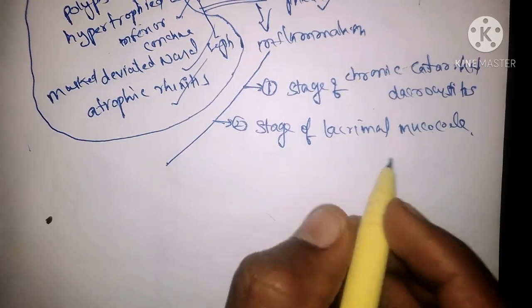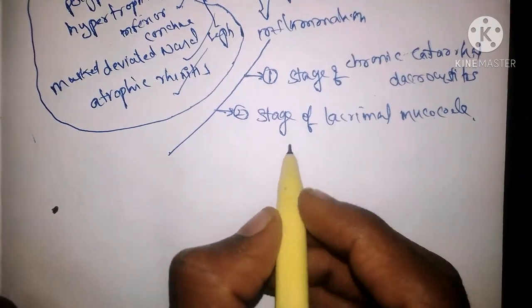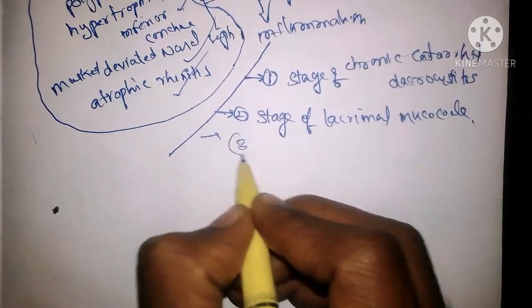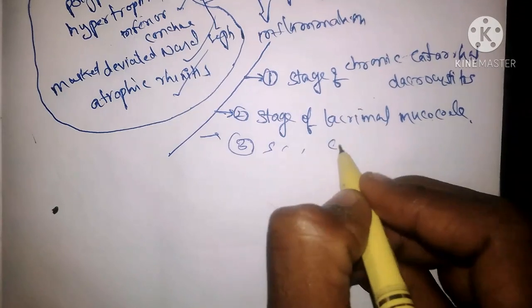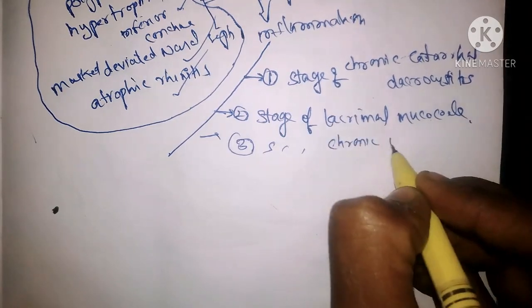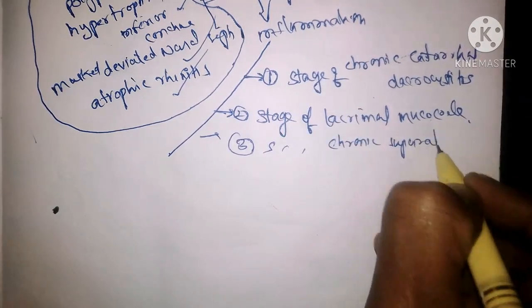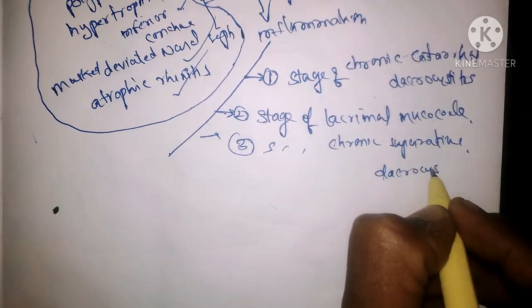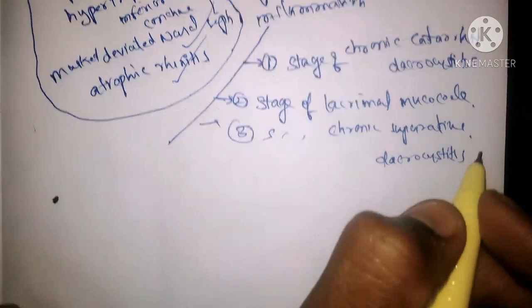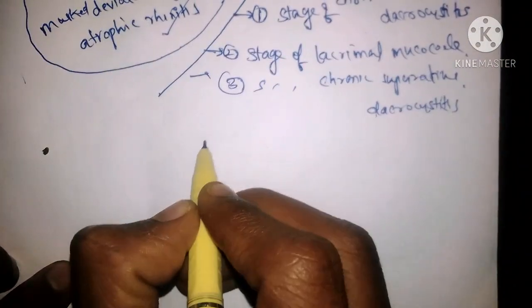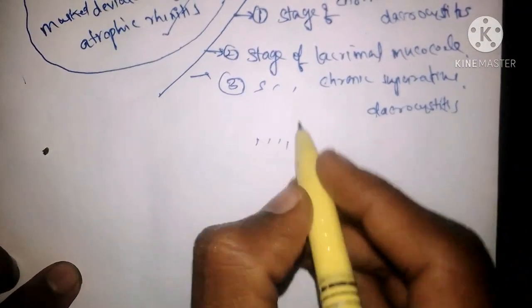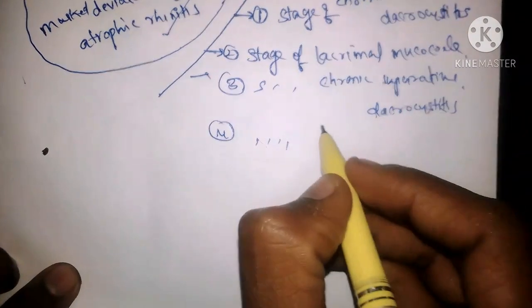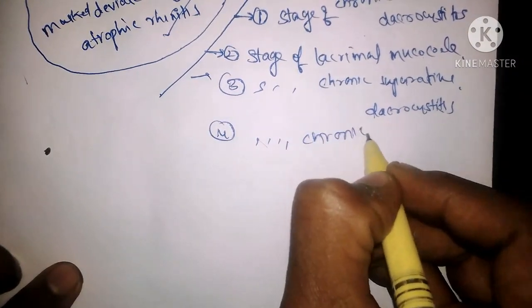Third stage is the stage of chronic suppurative dacryocystitis. The last stage is the stage of chronic fibrotic sac.